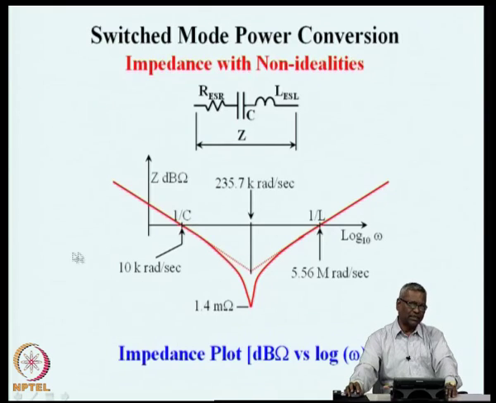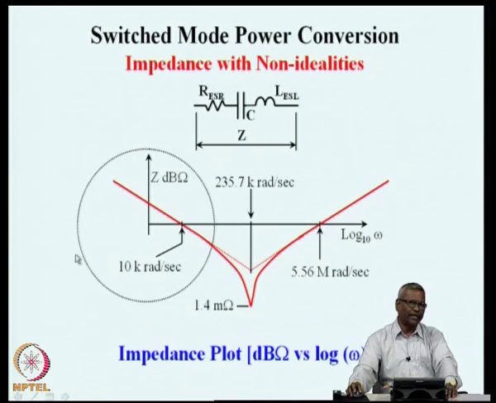Now, if you see this curve, it is very easy to see that at low frequency, the impedance behaves like a capacitance. At high frequency, the impedance behaves like an inductance, and there is a resonance in between, at this natural frequency. Now, it is possible to identify a region where the capacitive impedance as calculated by 1 by omega C and as seen from this composite element are very nearly equal.